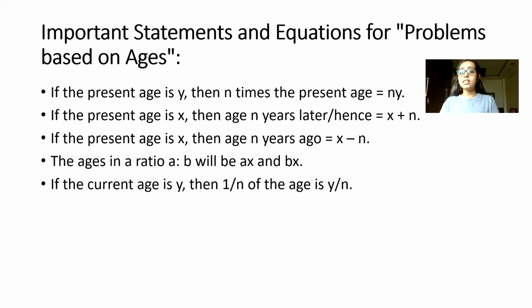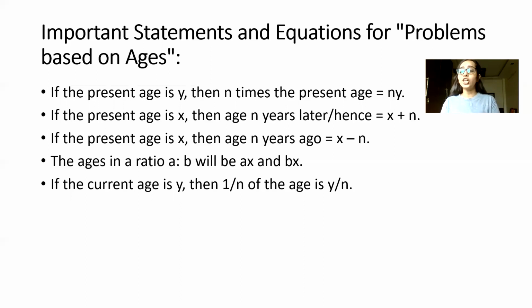If the present age is x and you are going into the future, x is our constant, so it is x plus n, for example x plus 5. If the present age is x and n years ago, so you are going into the past, it should be x minus n. Assuming n years ago is 5, it is x minus 5.